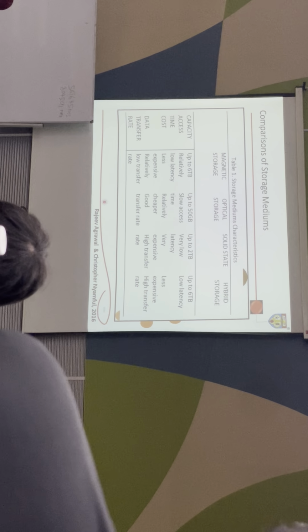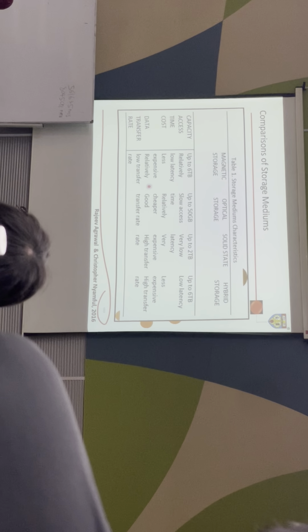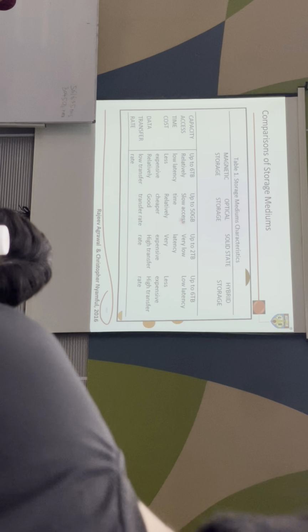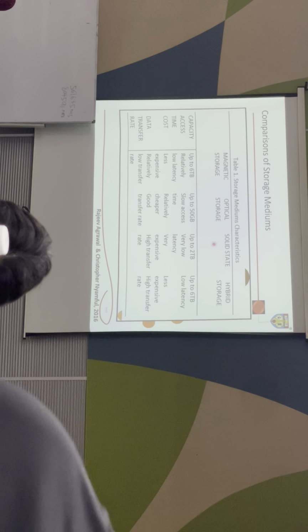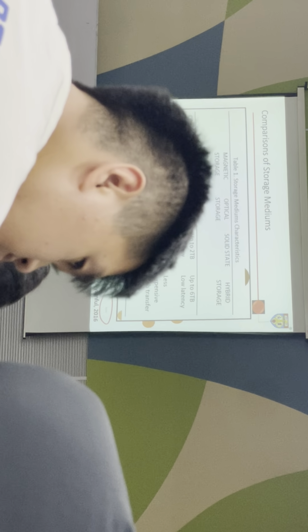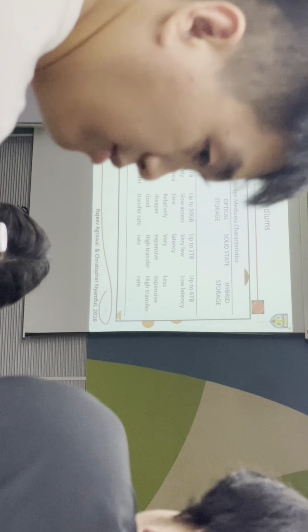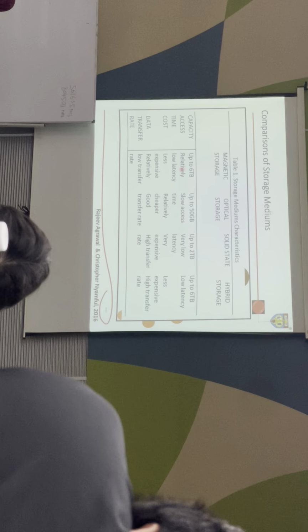So for the storage medium, we have magnetic storage, optical storage, solid state, and also hybrid storage. So this is the capacity. For the magnetic storage, it is up to 6 terabytes.